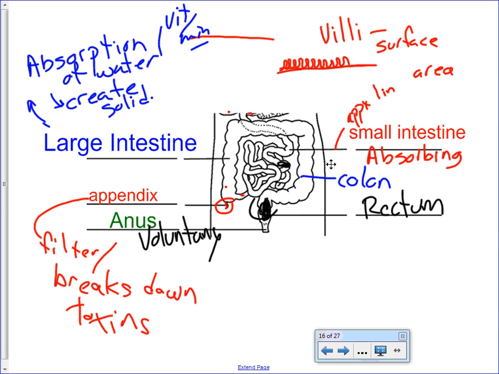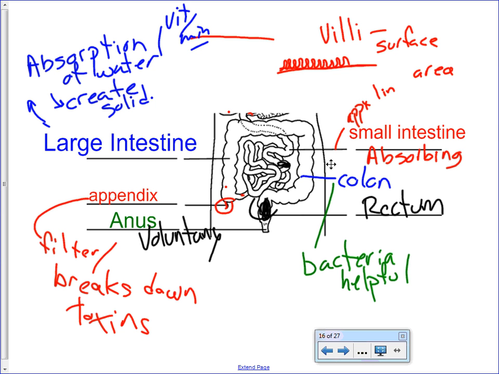Another thing, in the large intestine, there's a lot of bacteria. There's actually E. coli bacteria in the large intestine, and that bacteria helps us break down nutrients. So we can say in the colon, there's also bacteria that is helpful for digestion and breaks down things like cellulose. When you talk about nutrients and things you should eat, you need to eat fiber, right? Fiber is not digestible.